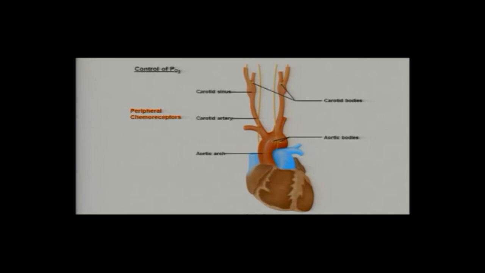The carotid bodies, located at the carotid sinus, which is the first bifurcation of the carotid artery as it sends blood to the brain, assess the composition of blood destined for the brain. So those are the peripheral chemoreceptors.